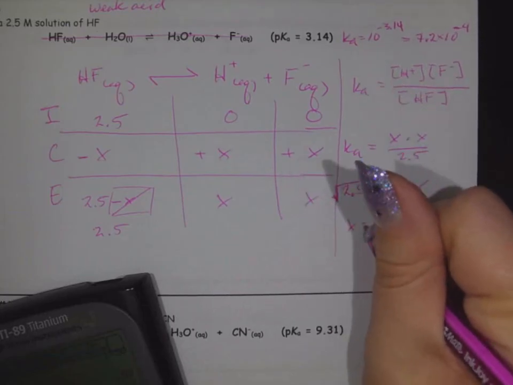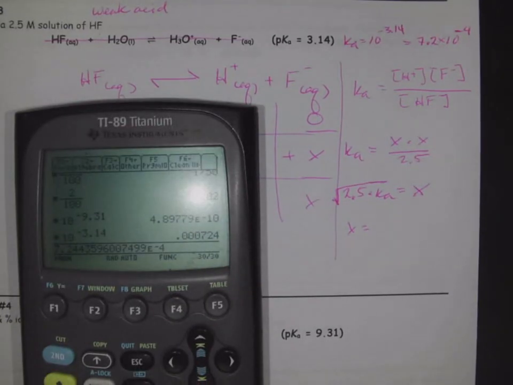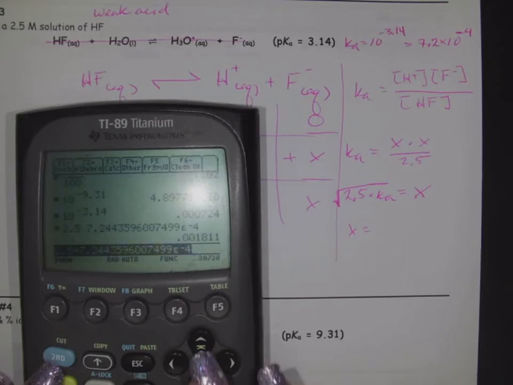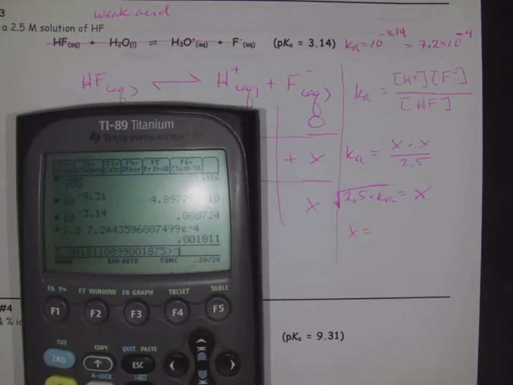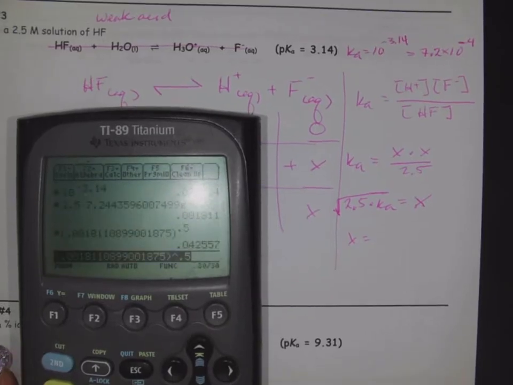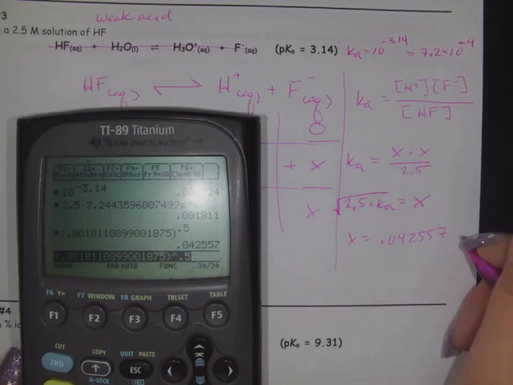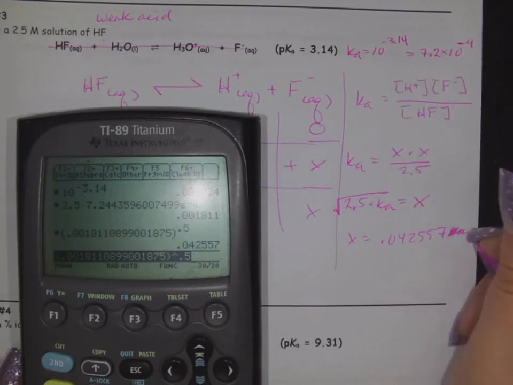So x is going to equal 2.5 times my Ka, then I'm going to take the square root of that, 0.042557, just giving myself lots of sig figs here.